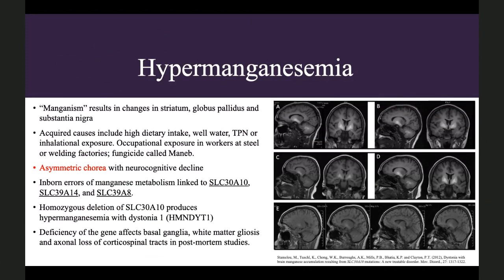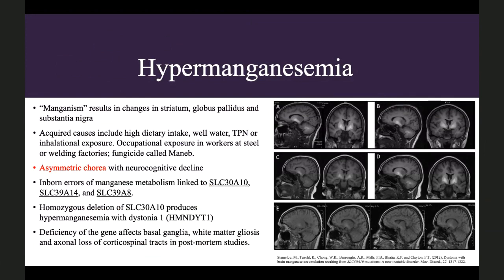There can also be occupational exposure in workers at steel or welding factories, and exposure to a fungicide called Maneb. It commonly presents with asymmetric chorea with neurocognitive decline, and then inborn errors of manganese metabolism can be linked to these genes listed here.